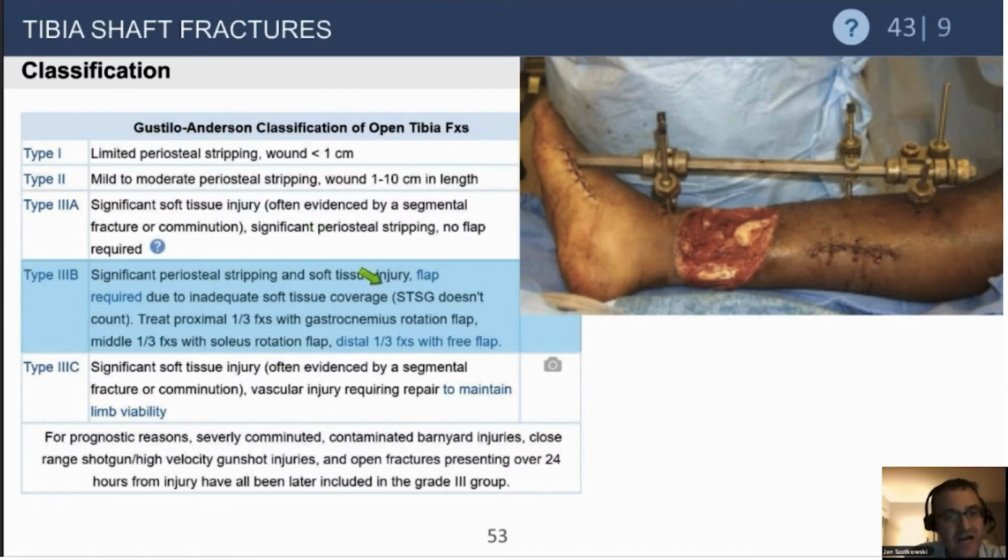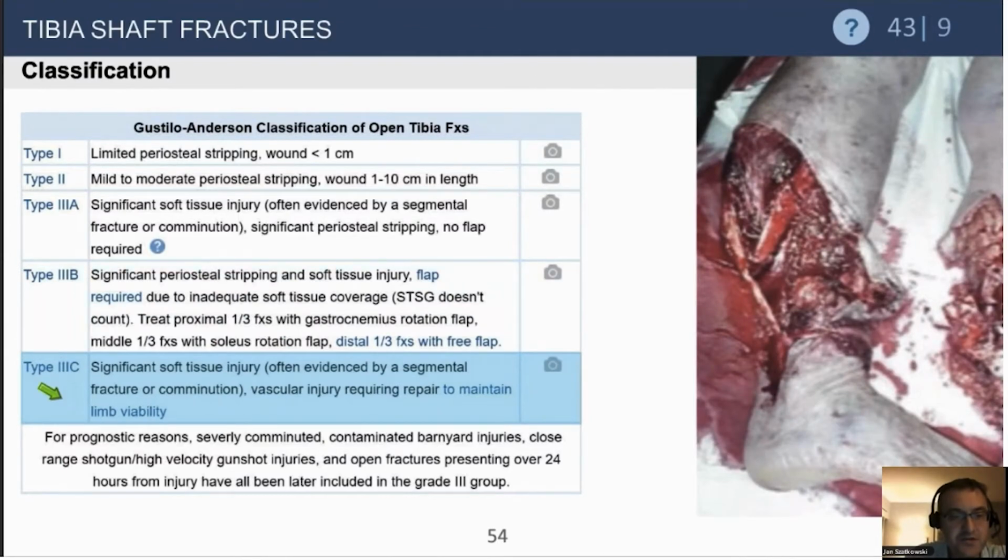Okay, this would still be that type 3A if you just had that. Type 3C has significant soft tissue injury as well as a vascular injury that requires repair. As one can see here, it's not really well illustrated in this image, but one can imagine this would likely require some type of vascular repair to maintain limb viability.